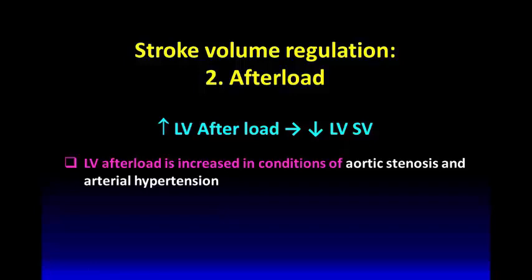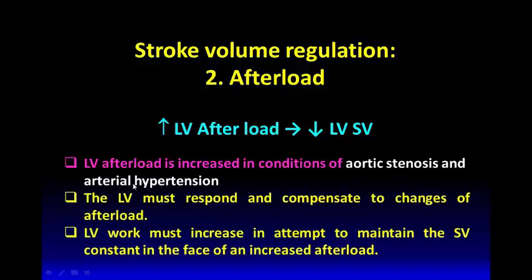This happens in conditions of aortic stenosis and systemic arterial hypertension, where the left ventricle must respond and compensate to changes of the afterload. The left ventricle thus must work harder, and the work of the left ventricle must increase in an attempt to maintain the stroke volume constant in the face of an increased afterload.